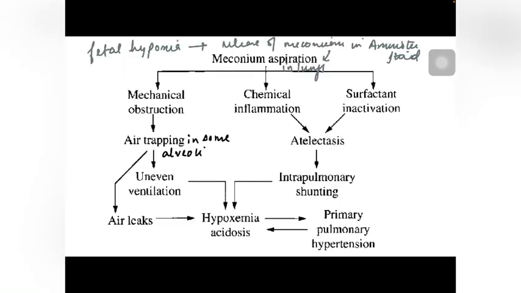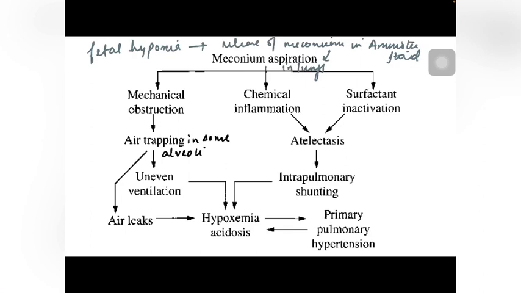This is a diagram showing the pathophysiology of meconium aspiration syndrome. There is fetal hypoxia causing release of meconium in the amniotic fluid, which is later aspirated by the newborn in the lung, causing mechanical obstruction, and there is air trapping in some alveoli, which causes uneven ventilation and later alveolar rupture.